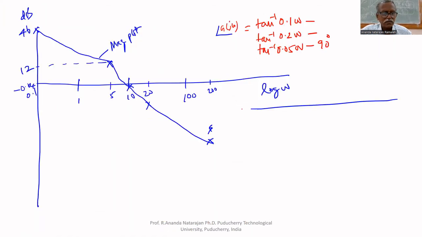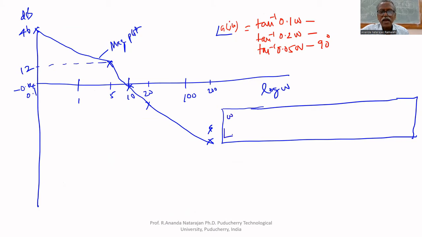So here, now we have to prepare the table for phase: omega, angle of G of j omega. Both we have to write. We have to find for 0.1, 1, 5, then 10.